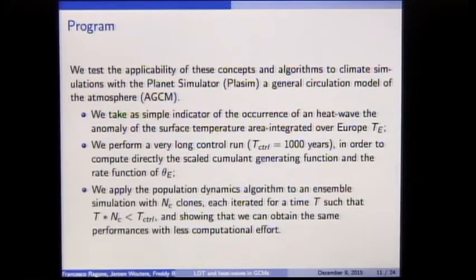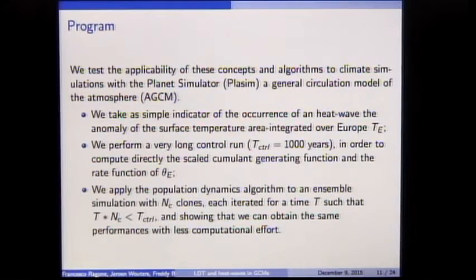It's essentially a numerical model of the climate that is representative of the complexity of the state-of-the-art operational climate models that are currently used to make, for example, the IPCC reports. But it's run with simplified settings. So let's say that it's basically a climate model that was competitive at the beginning of the 90s. This is essentially the type of model that we are using.